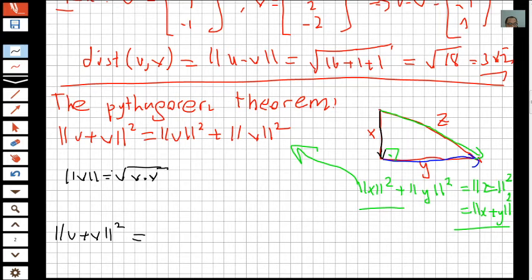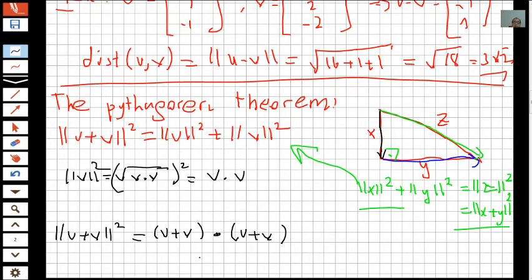Okay, and we take the square, therefore it becomes just the dot product of the vector by itself. We remove the square root since we take the square. So we write (u plus v) dot product (u plus v).